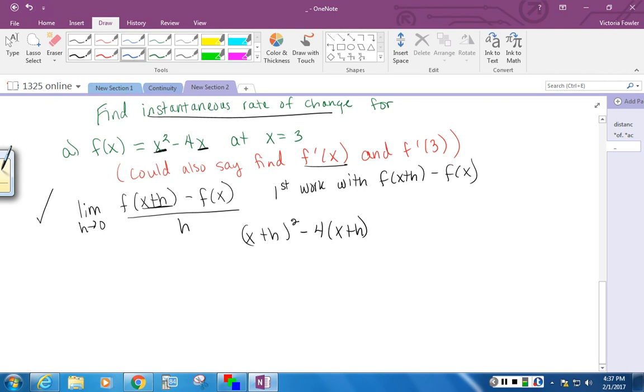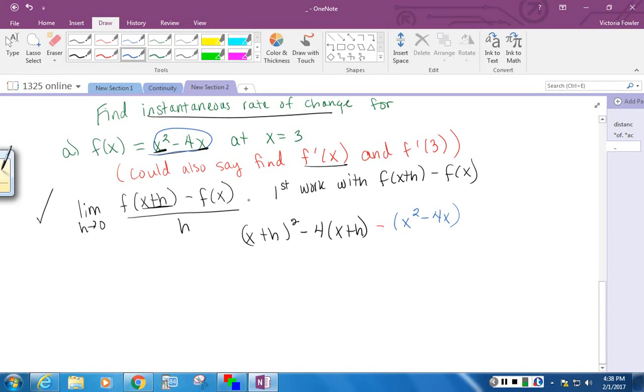And then I'm going to subtract the function, like it says to. Well, what was the function f of x? In blue, I'm going to subtract the function x squared minus 4x. And just beware that you're subtracting a quantity. This is the function f of x. Okay, I'm going to be very careful.